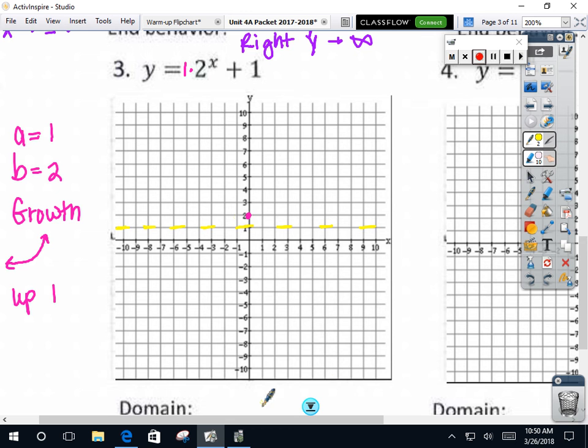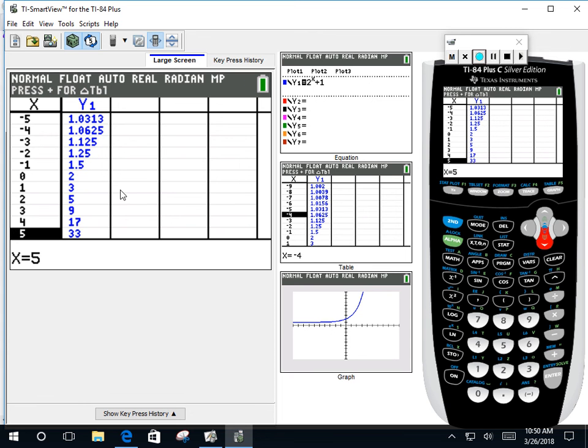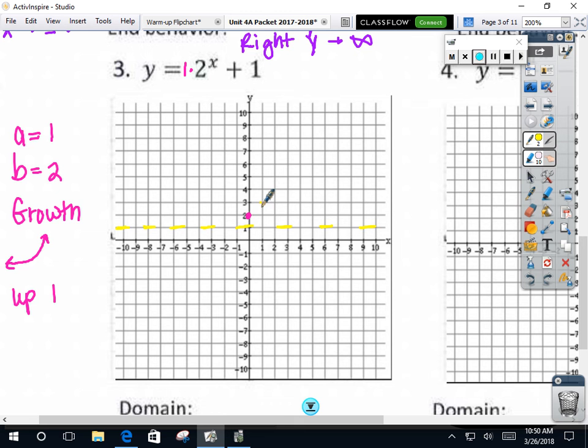Okay, so now to plot some more points on here, I go to the table. I'll go ahead and do the nice positive whole numbers first, like positive 1, 3, 2, 5, and 3, 9. So 1, 3 would be here. Oh, let me do it in a different color.